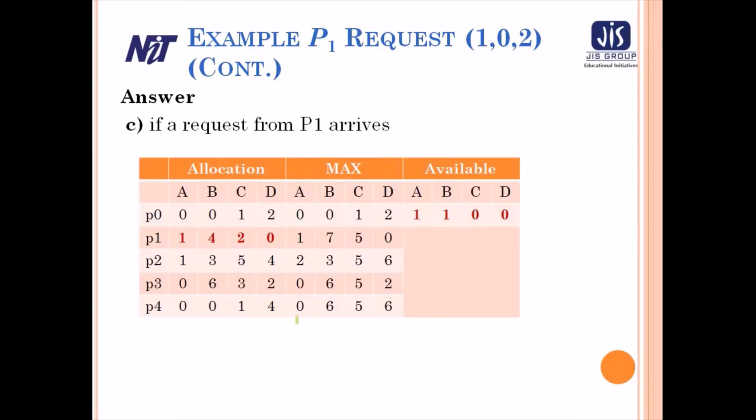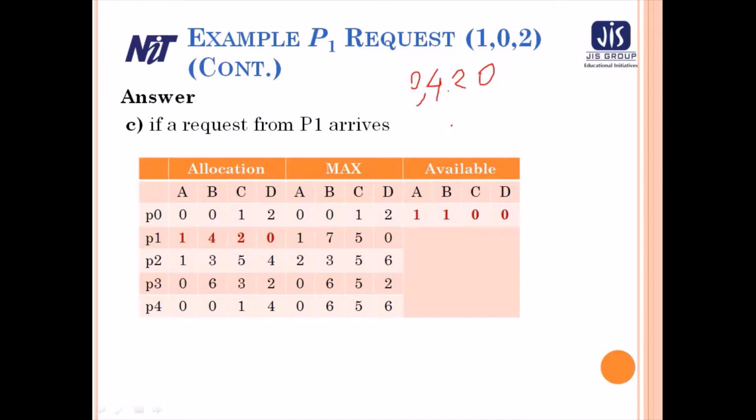Okay, and now move to question 3. In question 3, there is an additional request from P1. What is the additional request? 0420.